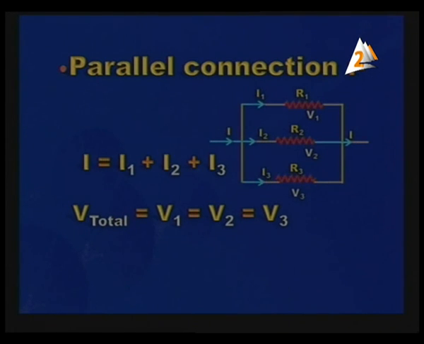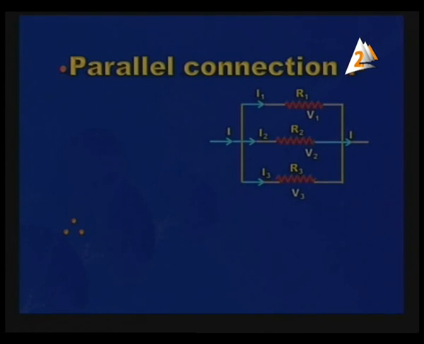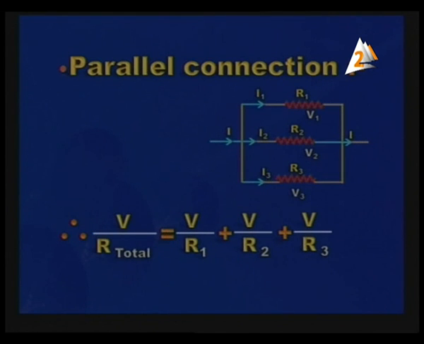And there is something very important in parallel connection. The potential difference is constant. It's the same across each resistor connected in parallel. So V1 is equal to V2, is equal to V3, and it is equal to the potential difference across the parallel combination. I, of course, from Ohm's law equals V over R. Substituting, we can say V over R total is equal to V over R1 plus V over R2 plus V over R3.